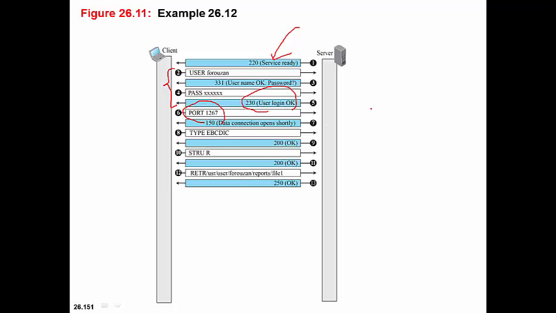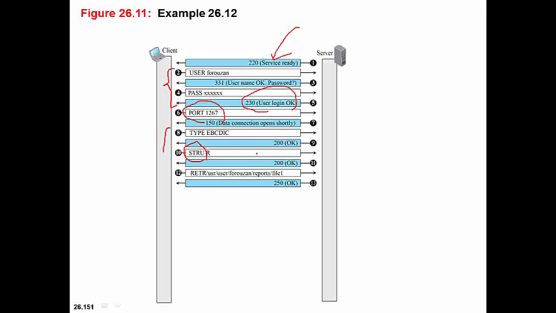For the control connection, it's been set up, followed by the data connection, which has its own port number, for which the server sends a status code. Then you say the type of the file is EBCDIC format, which is okayed. Then you use the command for the structure of the file, which is stru, and the R states it's in record format. So you're going to send several records of your file.